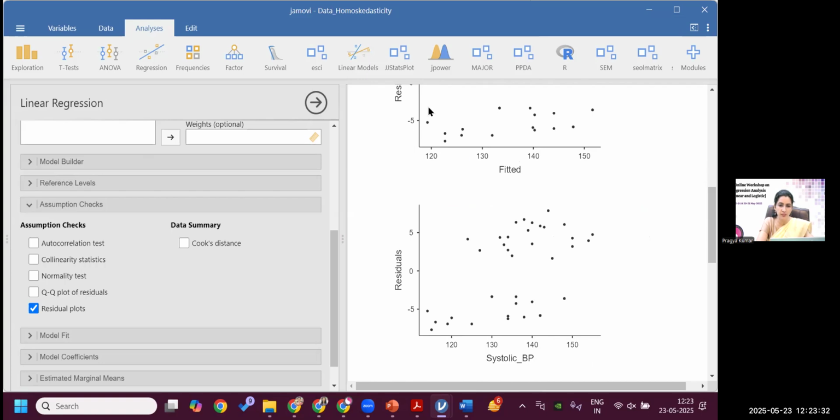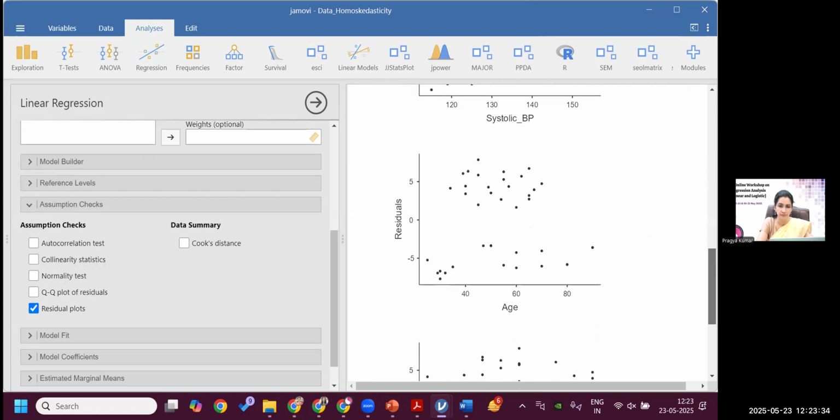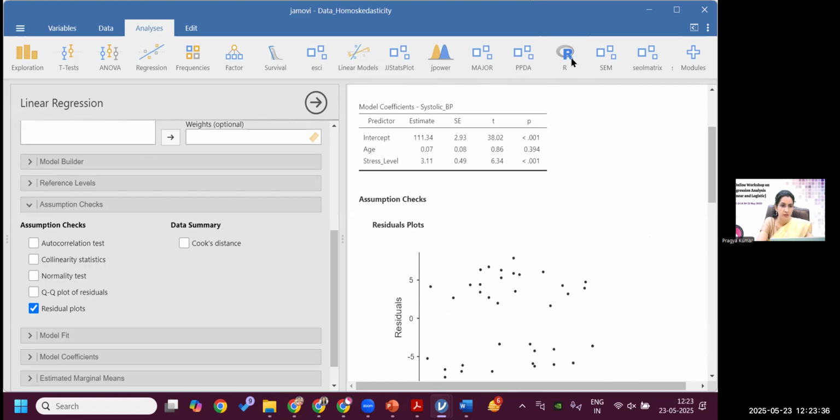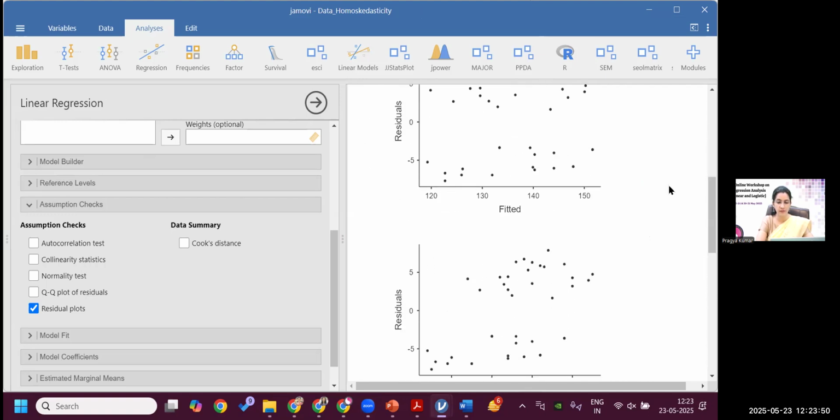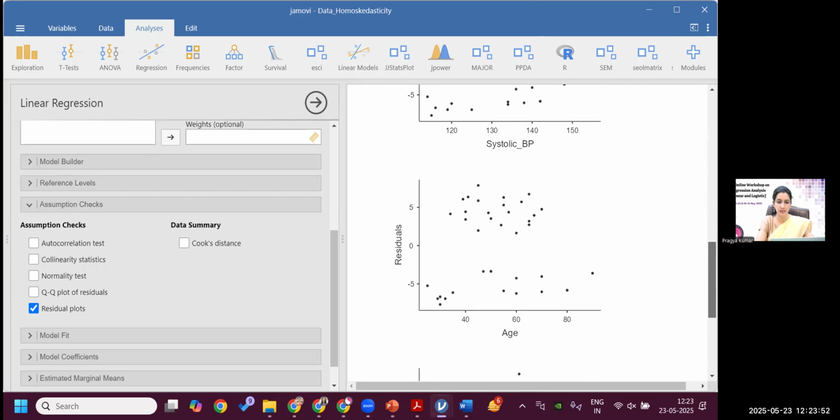You have to see this one. So you can say that it is homoscedastic. The data is showing homoscedasticity.